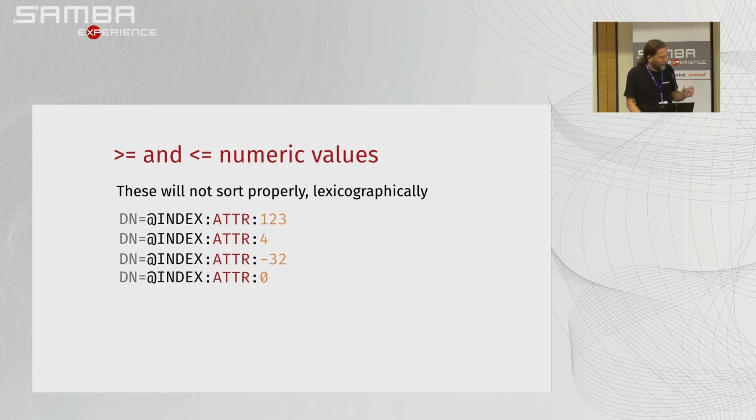Anyway, with numeric values, we have a problem because that sorting is alphabetical, and like 123 sorts lower than 4, and negative 32, I don't know how that would sort, but not necessarily right. And then a negative 42 would sort higher than negative 32.